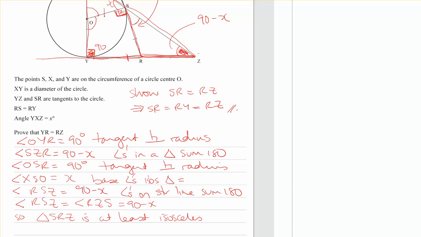It could be equilateral, but that doesn't matter because it would prove the same thing. So this shows me that SR is equal to RZ, hence YR equals RZ, which is what we wanted to prove.